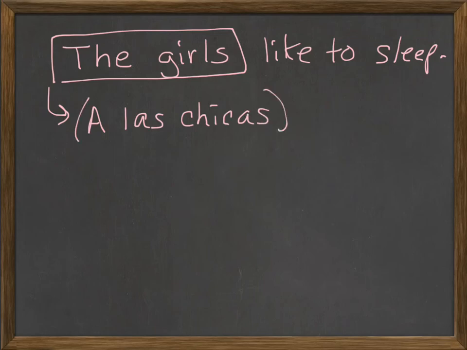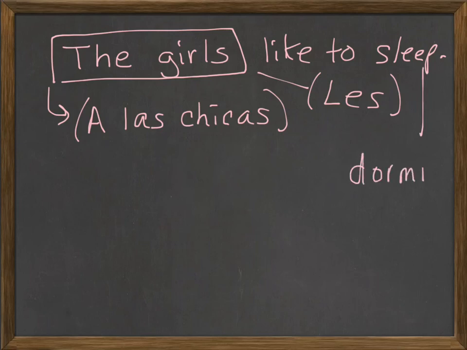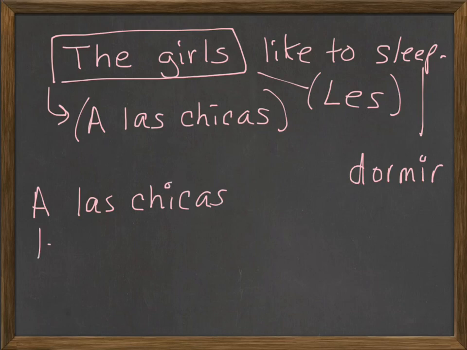And since the girls are feminine and plural, I'm going to have to use les as my indirect object pronoun with Gustar. And to sleep is the verb dormir. So, clarifying phrase, a las chicas les gusta dormir.